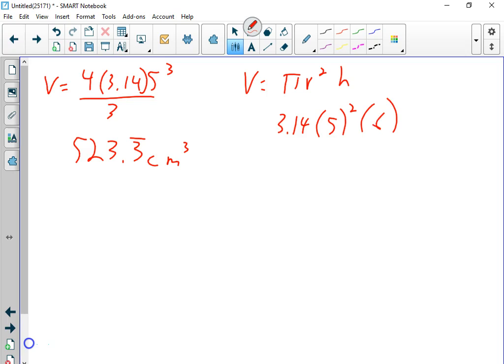So that's 5 squared is 25. Times 6 is 150. Times 3.14 is 471 units cubed. So the sphere needed more wax than the cylinder. And that's it.